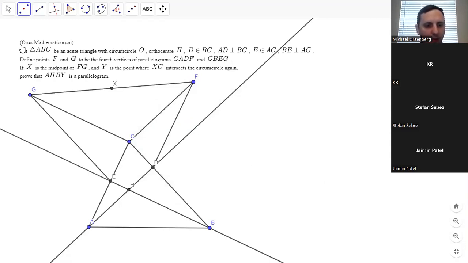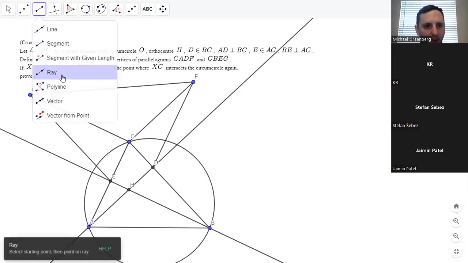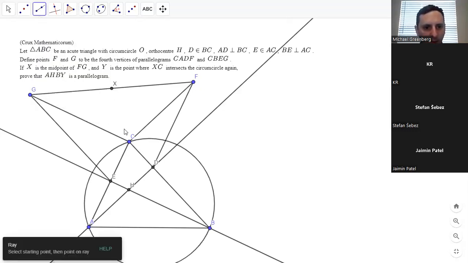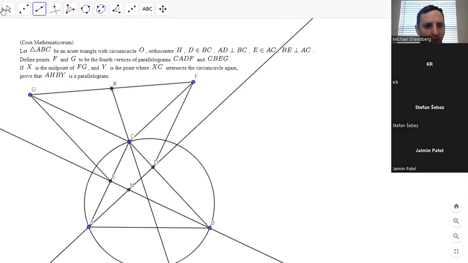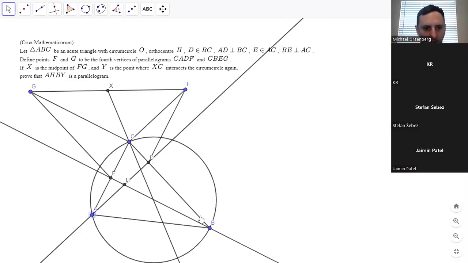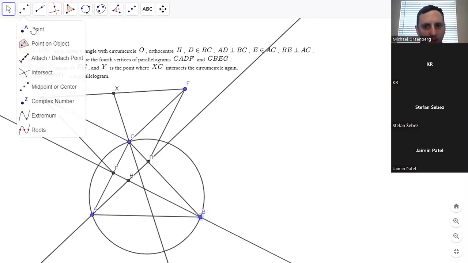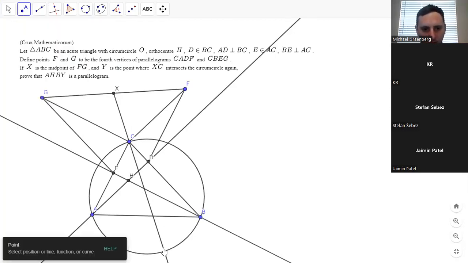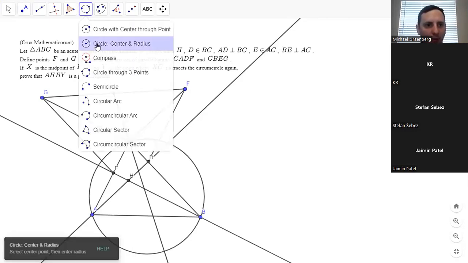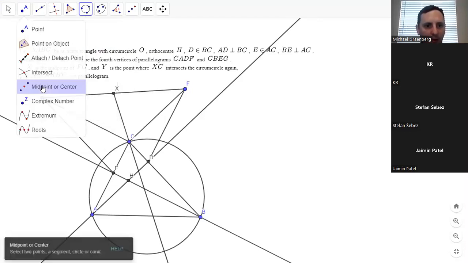Okay, so we do need to draw the circle. Then we want to show ABHY is a parallelogram. This is a cool problem. That intersection is not as important. We just need to prove that it goes through the circumcenter. Okay, that's a good point. So let me draw the center.